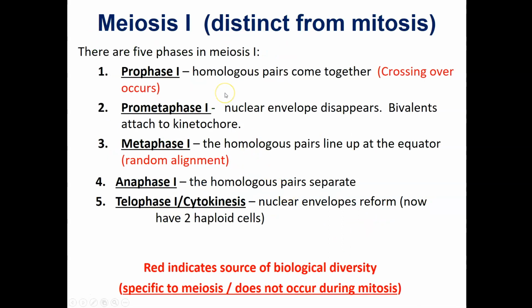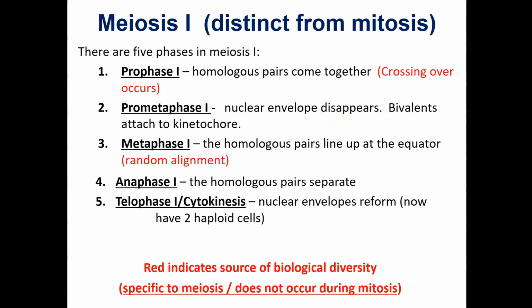So some of the unique things that are going to be happening in meiosis 1 are highlighted here as well. So in prophase 1, that's where the homologous chromosomes are going to come together, and this is where the crossing over event can take place that I just explained. In prometaphase, what we're going to see is that the nuclear envelope is going to begin to disappear.